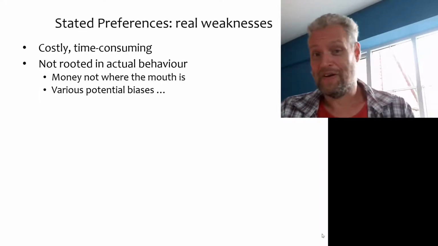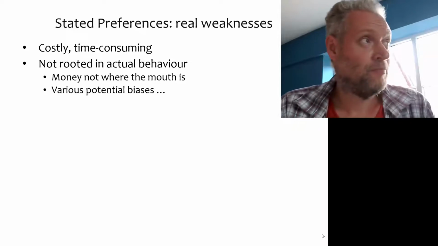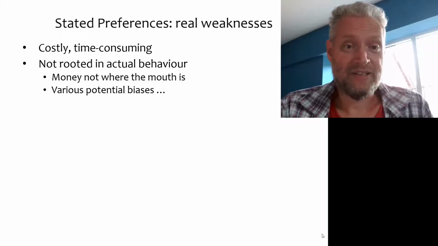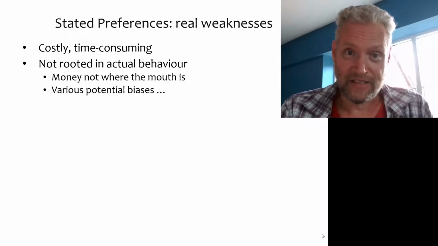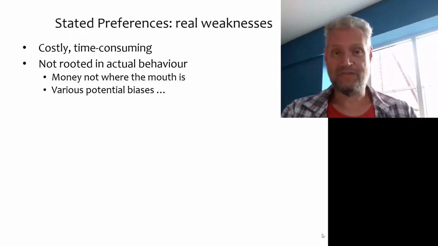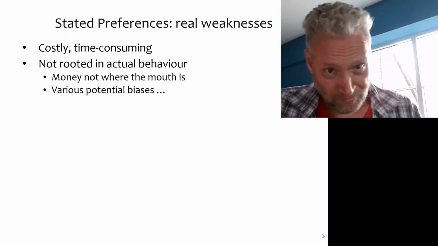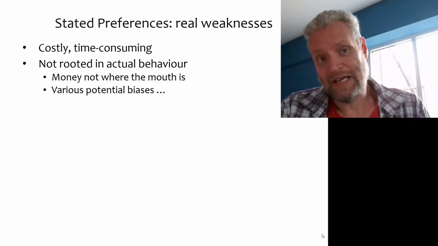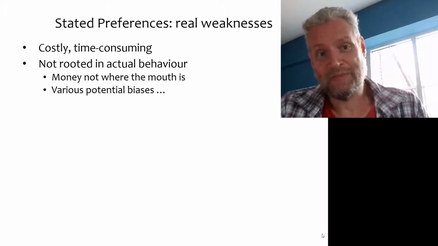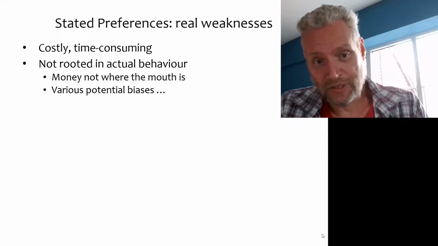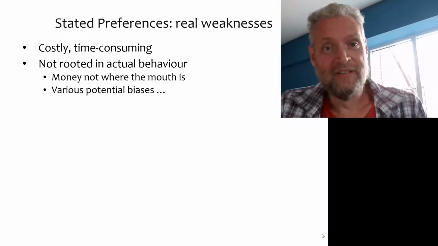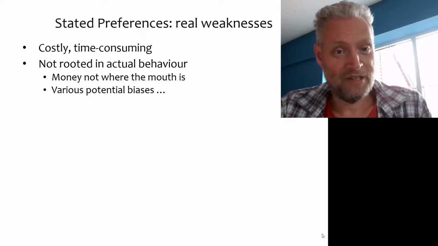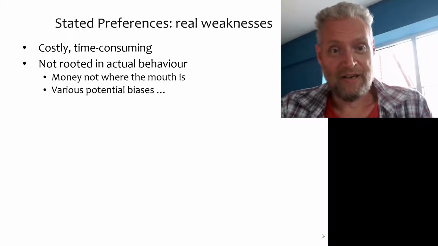Stated preferences also have real weaknesses. It is, and we'll talk about this later, hard to get it right. And to get it right, it actually becomes very expensive, very time consuming. The main reason why it's hard to get right is because it is not rooted in actual behavior. And people may express an opinion, but they may not be willing to put their money where their mouth is.